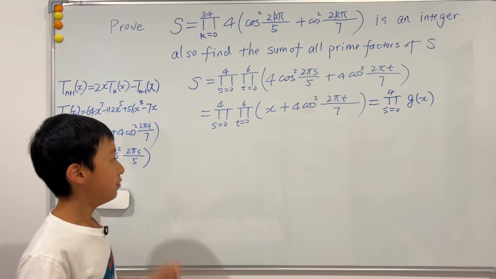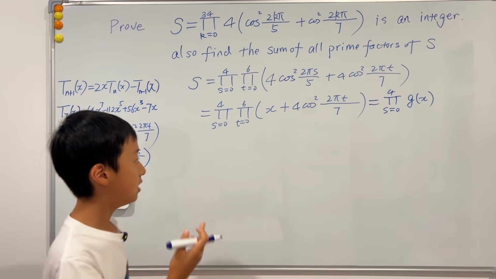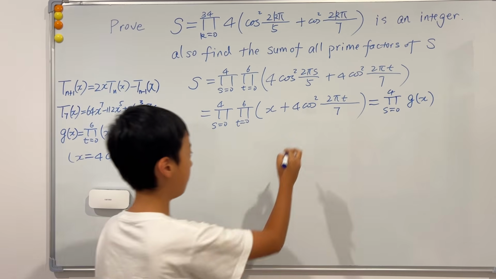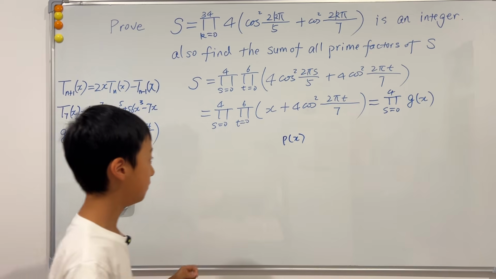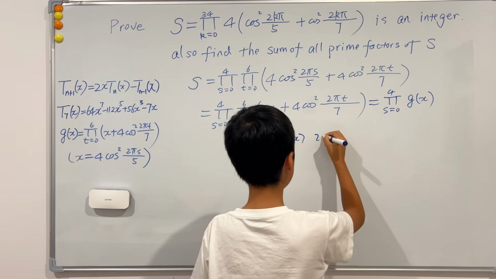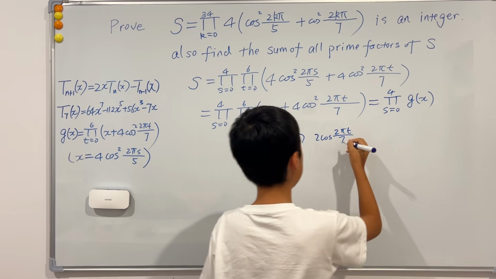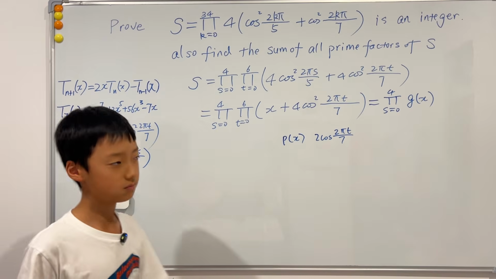But I think it'll actually be much easier if we try to find a polynomial p of x, say, that has roots of 2 cosine of 2 pi t over 7. And if you have noticed, this is actually just the square root of this.